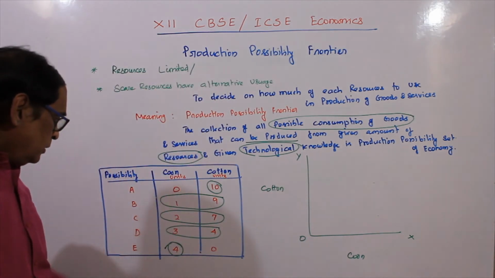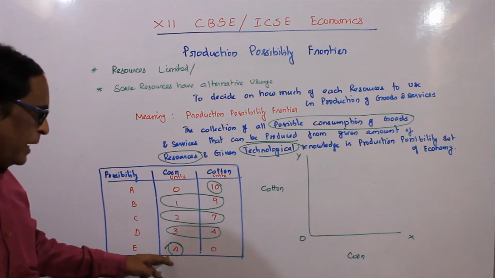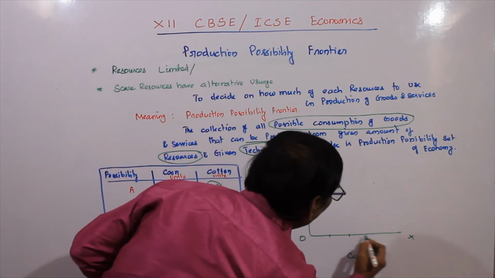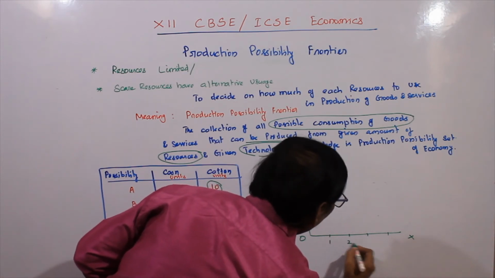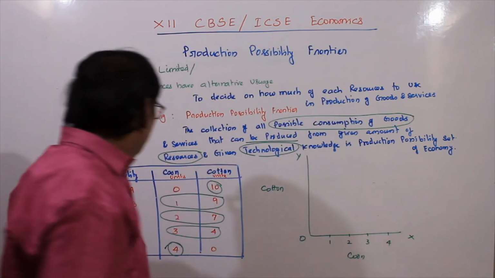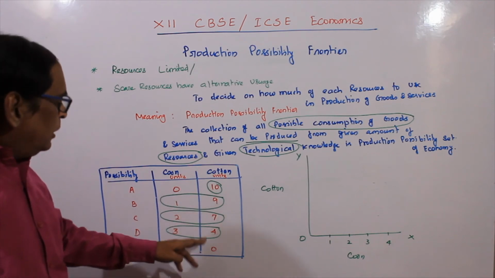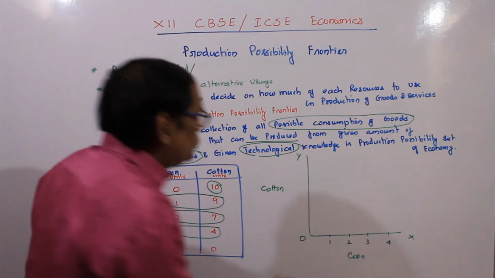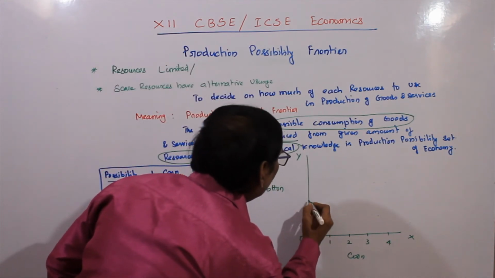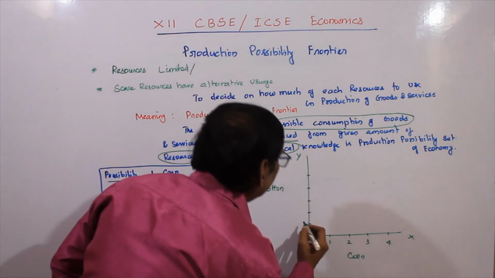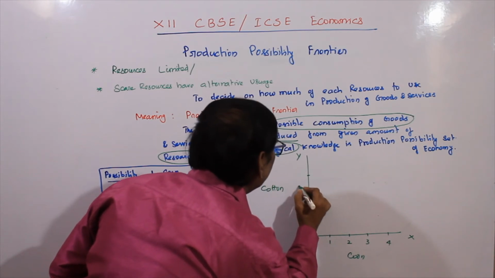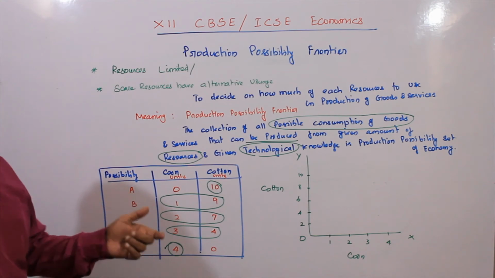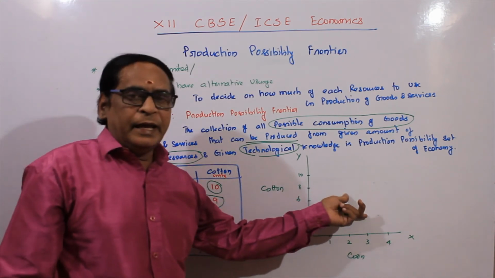So you can fix the points. Here there are only a maximum of 4 points on the x-axis: 0, 1, 2, 3, 4. And then cotton, how many points are there? Maximum 10. So you can divide it into 2, 4, 6, 8, 10. Then you can mark each and every combination in the diagram.